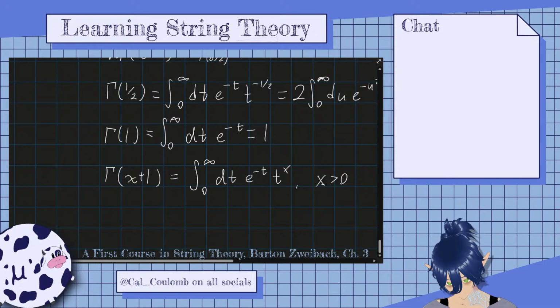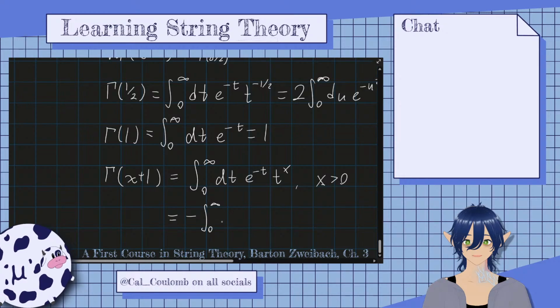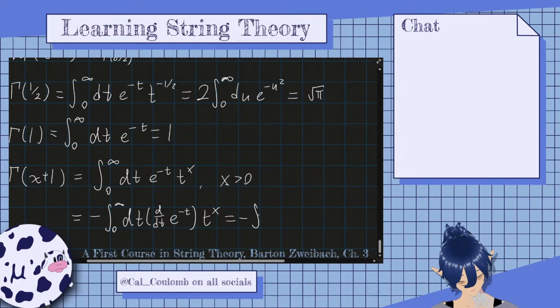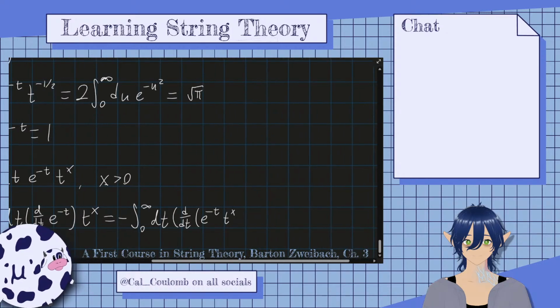This can be rewritten as minus the integral from 0 to infinity dt of the derivative d/dt of e^(-t) t^x, which is then minus the integral from 0 to infinity dt times d/dt of e^(-t) t^x, minus x e^(-t) t^(x-1).